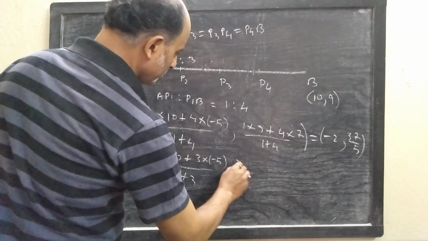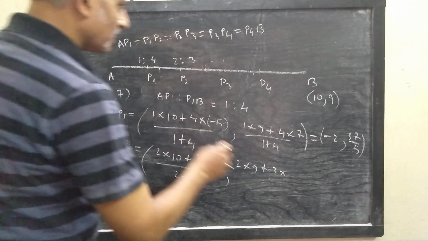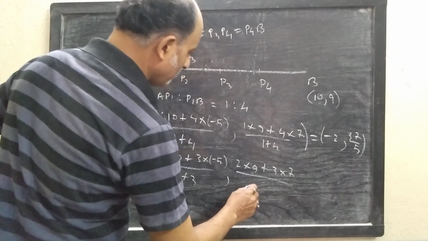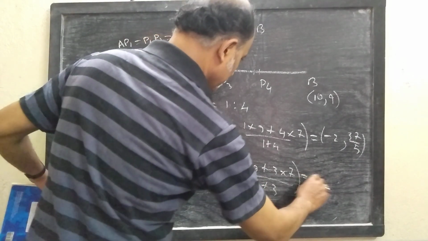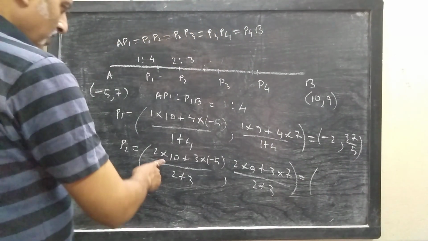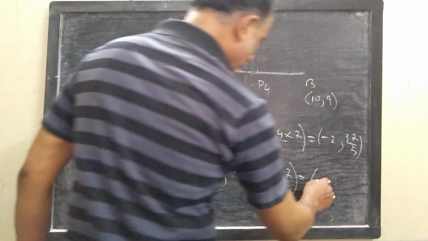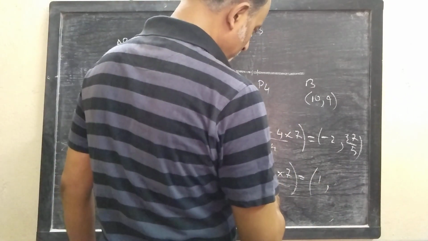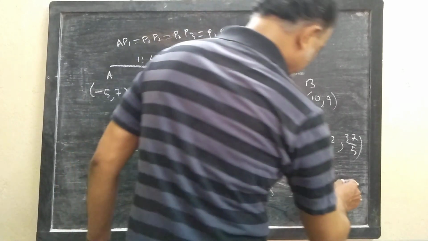Then 2 into 9 plus 3 into 7, by 2 plus 3. So this will be 20 minus 15, 5, 5 by 5, that is 1. Then 2 nines are 18, 3 sevens are 21, 21 plus 18, 39 by 5.